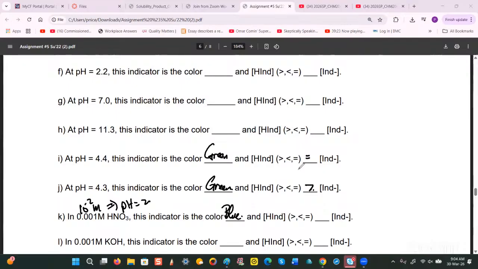And what do we put here? Is the HIND greater than, less than, or equal to IND minus? Okay, let's see. Somebody's saying something in the chat. Yes, you're right. Greater. So greater would be here.